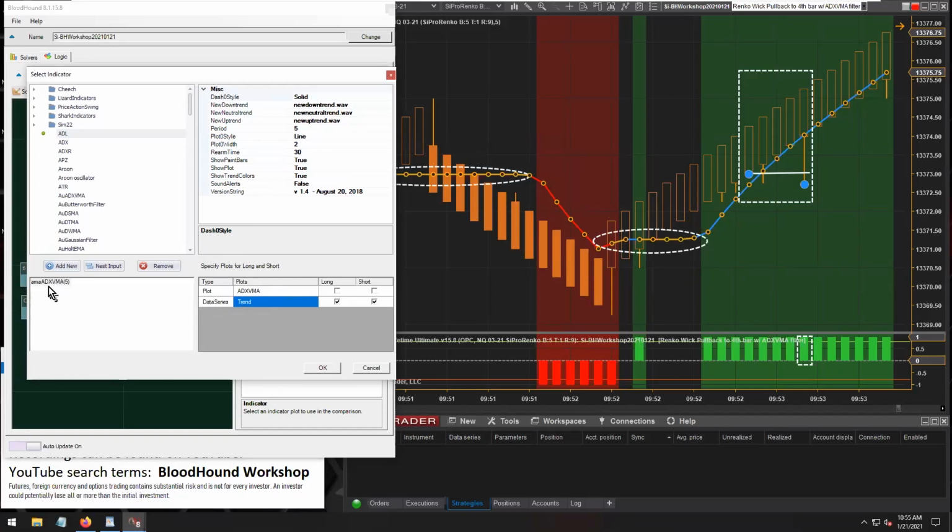I've used this ADX VMA enough that I know that this trend output outputs a positive 1 when the line turns blue. It will output a negative 1 value when the line is red. And when the line is this golden color, it outputs a 0 value.